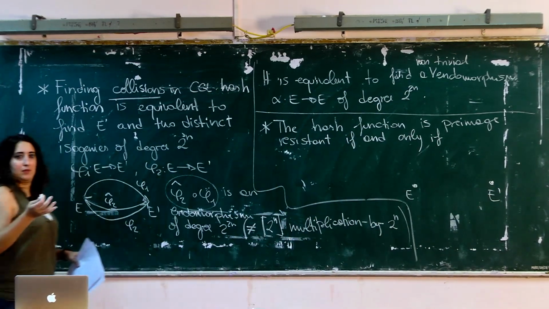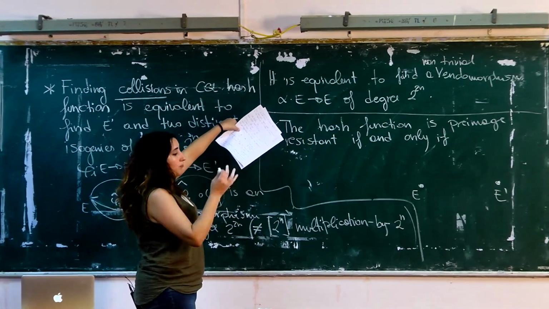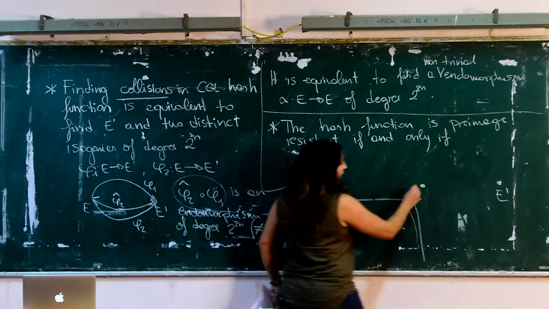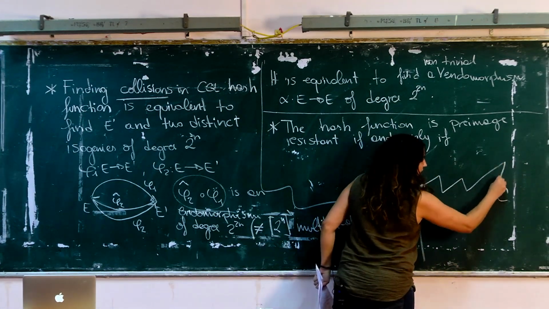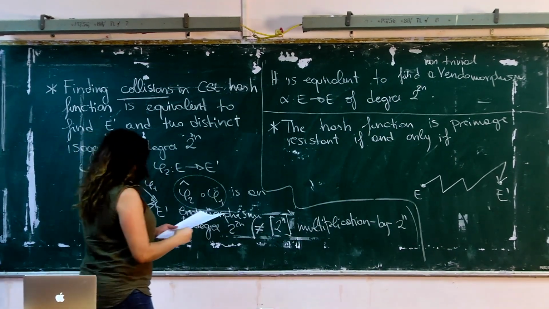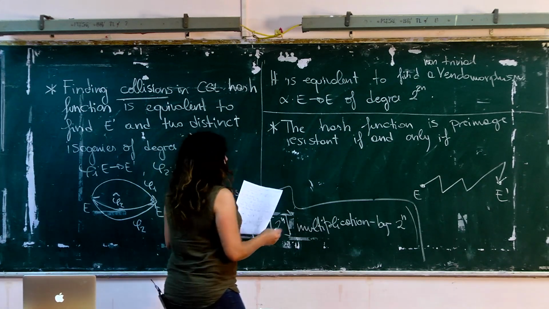What does it mean to be pre-image resistant? It has to be hard to find an input that gives that output. So it has to be hard to find the isogeny.